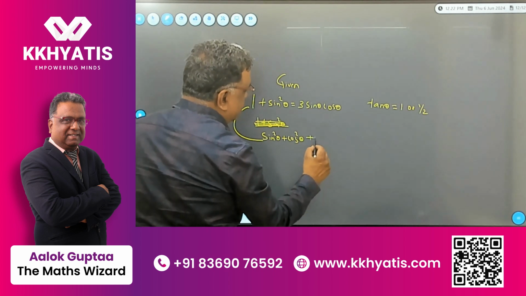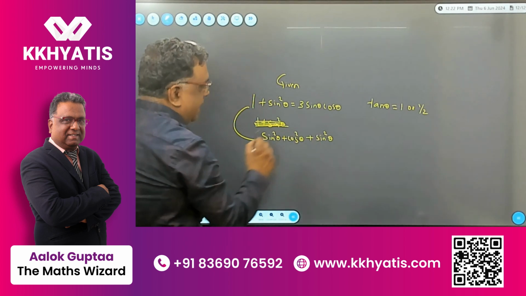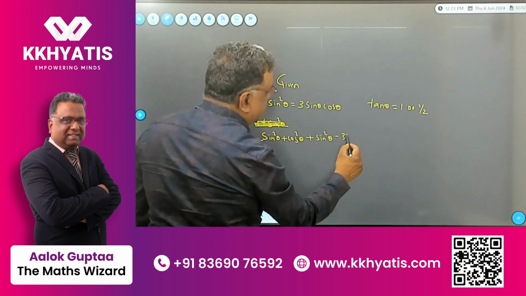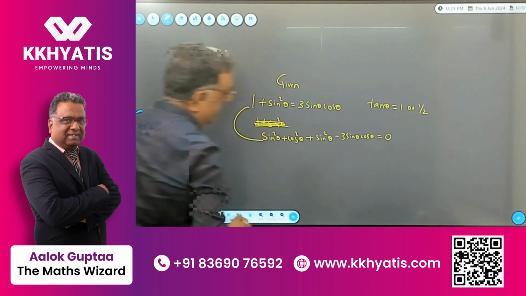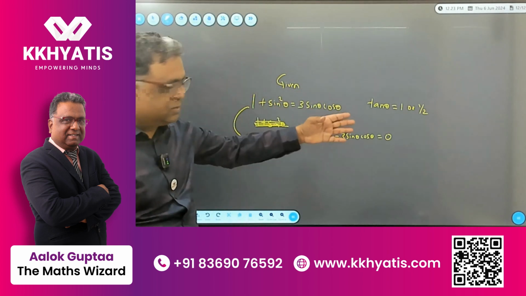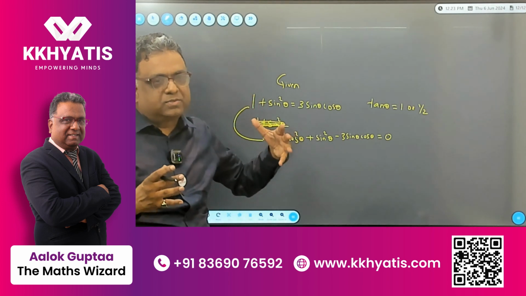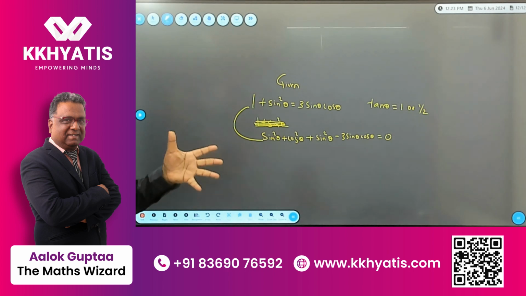And plus I have another sine square theta here. And I will take this 3 sine theta cos theta here. I will make an equation. Because I need tan theta. So somehow I need to convert this expression and make it into some expression in tan theta. So that's why, and we are going to use our factorization skills in this.